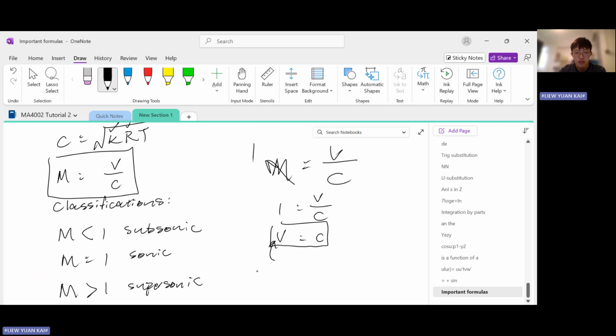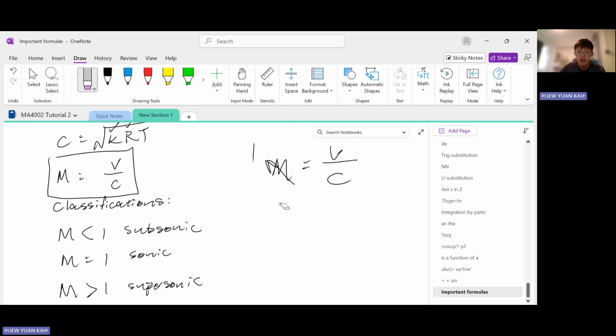Take note, this V is the velocity of the gas, and this one is the speed of sound. So the gas is traveling exactly at the speed of sound. That's why we call this the sonic condition.